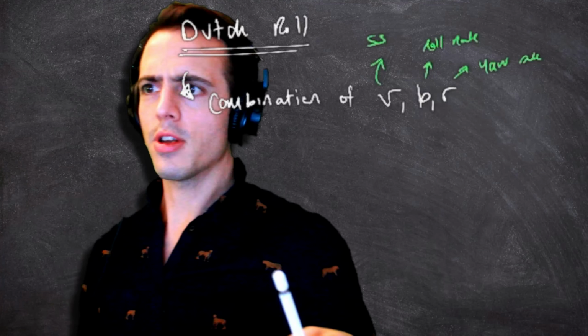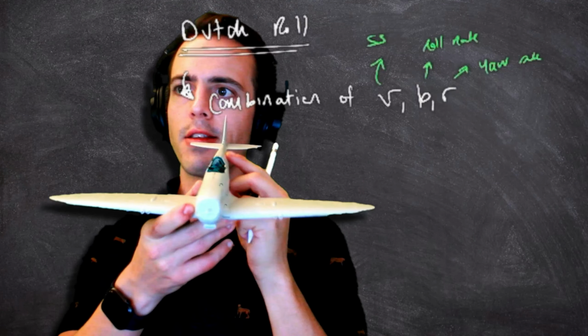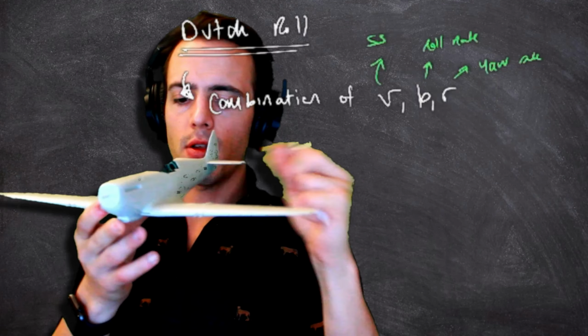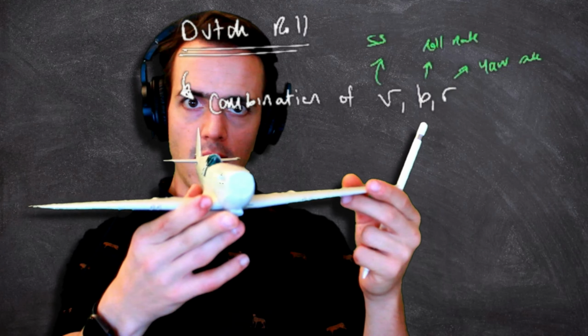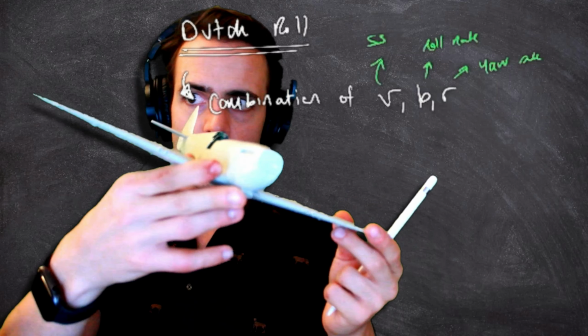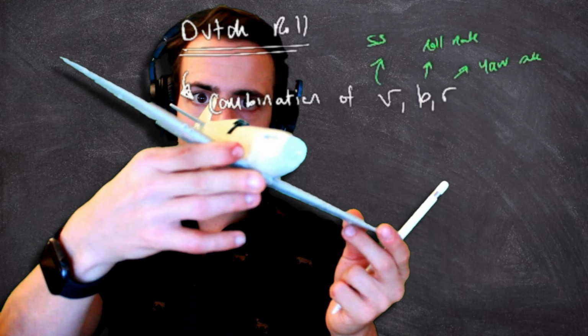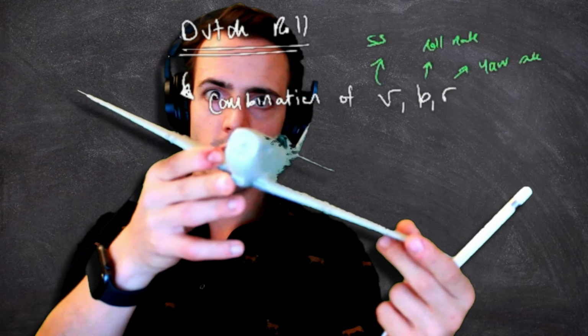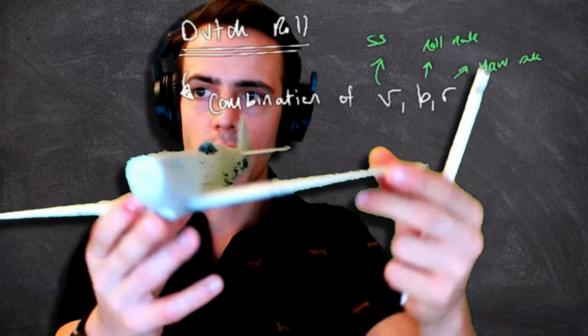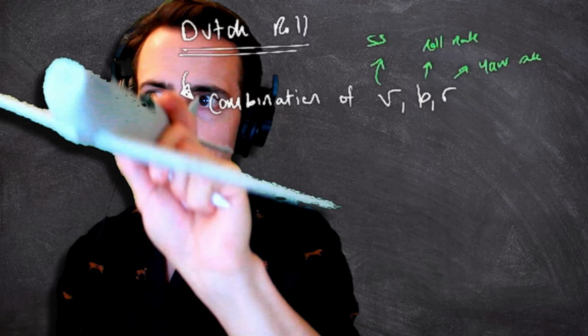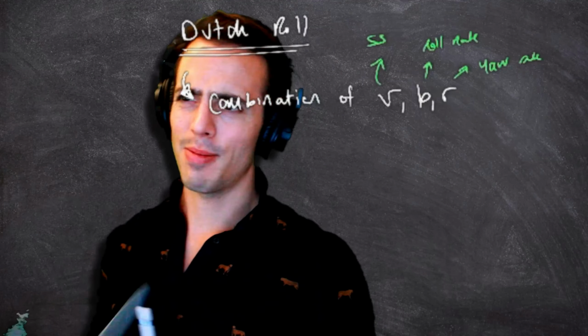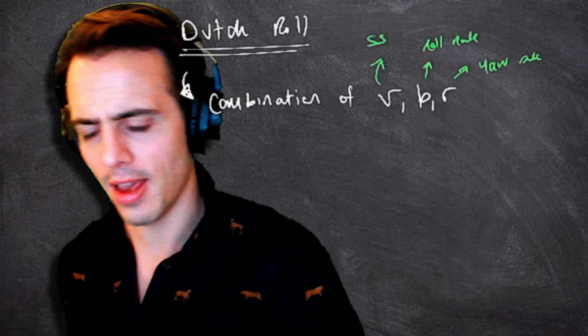Okay, it's called the Dutch roll mode because the aircraft has this tendency to start to side slip. Let's put it facing the camera. Start to side slip means the aircraft has this tendency to go like this, and as it then reaches the equilibrium, has a tendency to go the other way. And so this aircraft enters this sort of almost looking like a figure skater, and apparently Dutch people are known to be figure skaters.